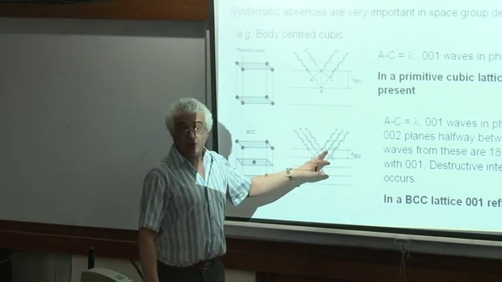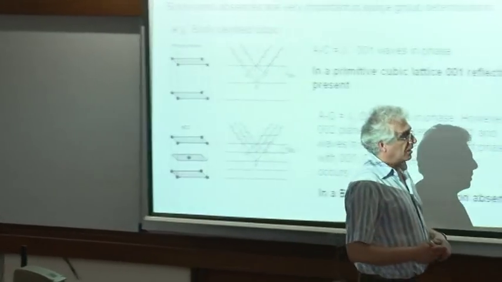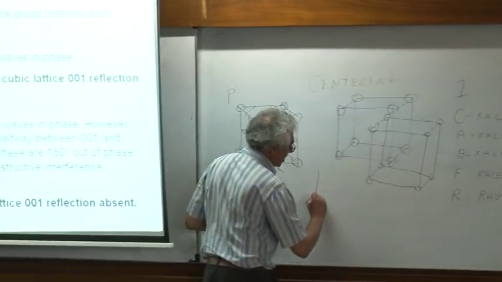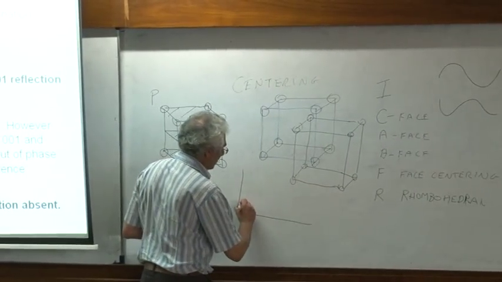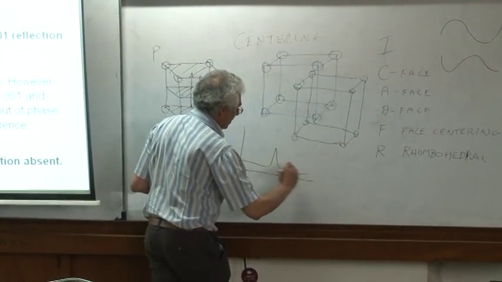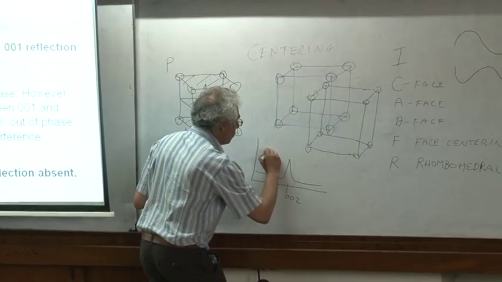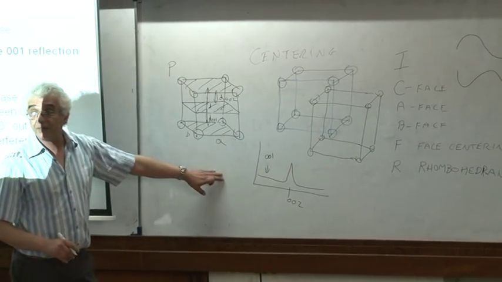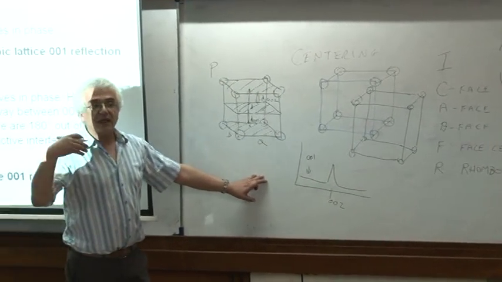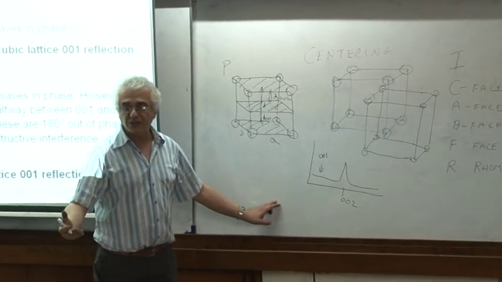And we don't see that emerging. So if we take a simple diffraction pattern, if this is 002, 001 is not there. So it is systematically absent from the data.